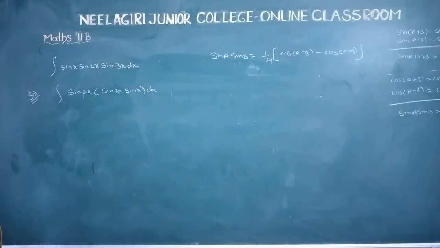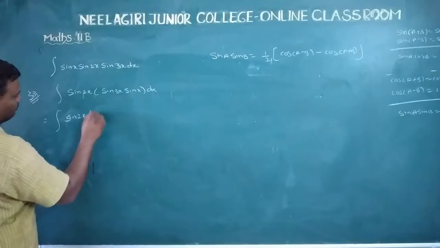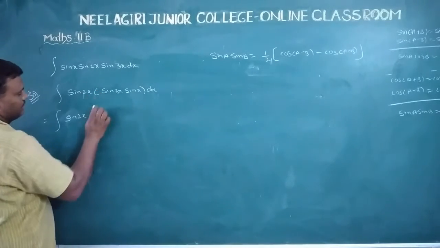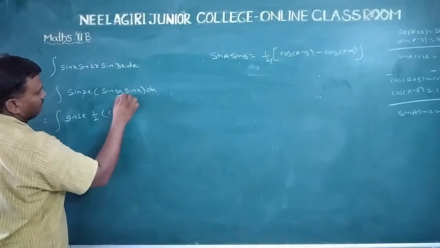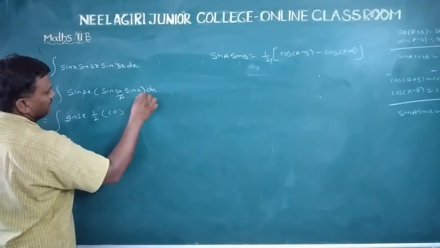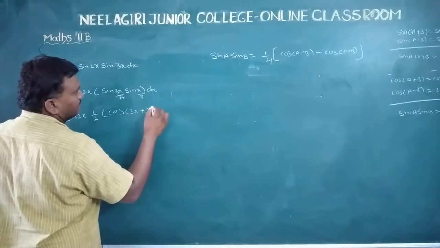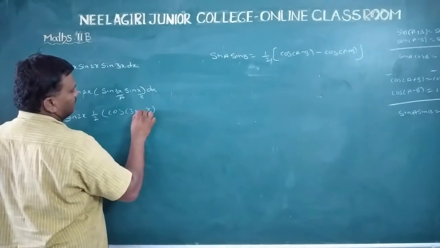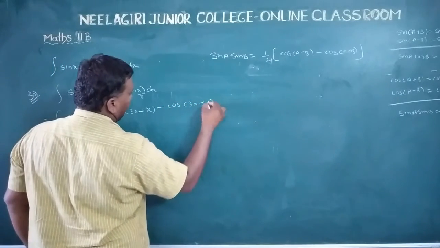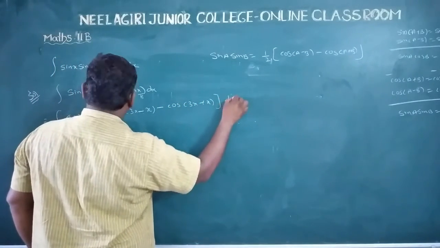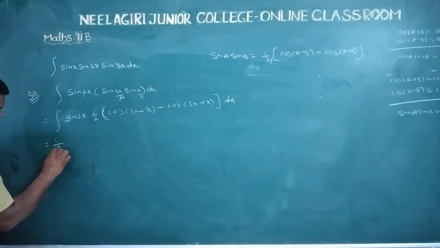minus cos of A plus B. So sin 2x into sin 3x sin x: sin 2x into 1 by 2 into cos of, A is equal to 3x, B is equal to x, cos of 3x minus x minus cos of 3x plus x, dx. 1 by 2 is the constant.